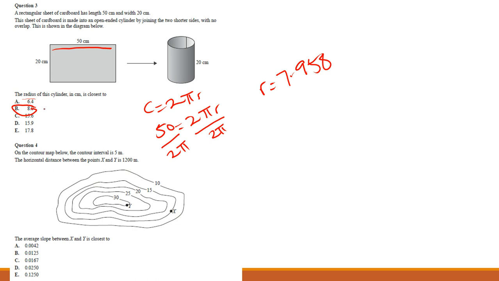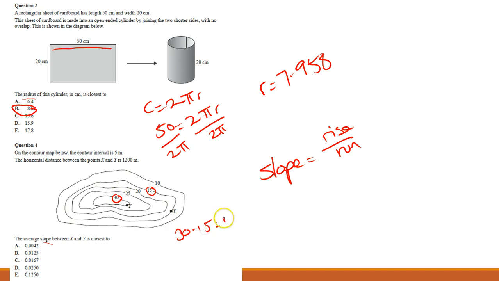Contour map. Okay. Intervals are 5 meters, we can see that. Horizontal distance between x and y is 1200. Find the slope. Remember, the slope represents the rise over the run. So we have our rise. X is on 15, y is on 30.